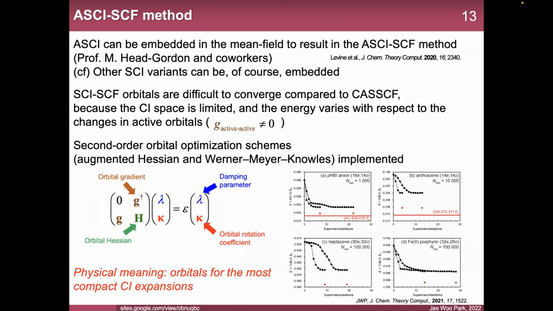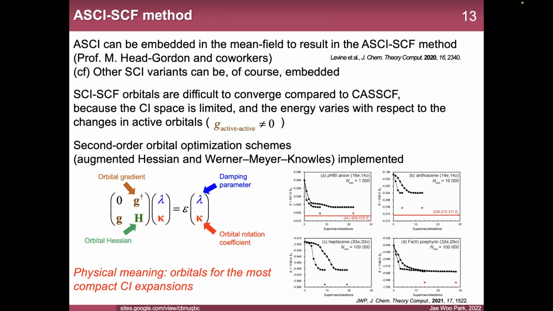For CASSCF, there is a way to evaluate the analytical Hessian, non-variational CASSCF. But if you have the ASCI-SCF PT2 or the CASPT2, the expressions for evaluating the analytical Hessian should be very complicated. And even if that's possible, you will have to solve all the coupled perturbed equations, so it is not that easy.